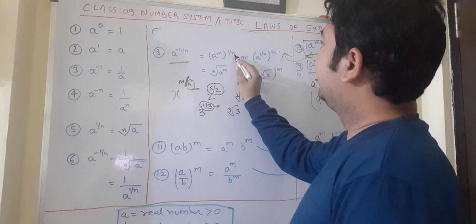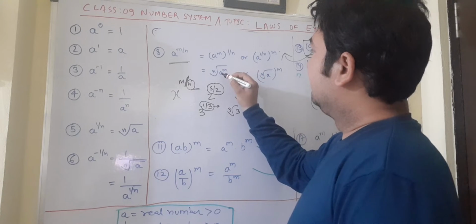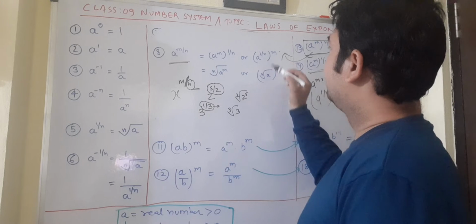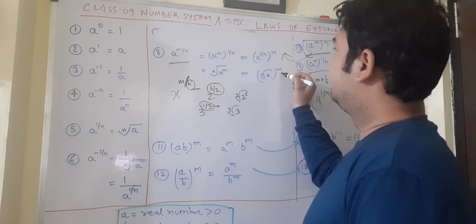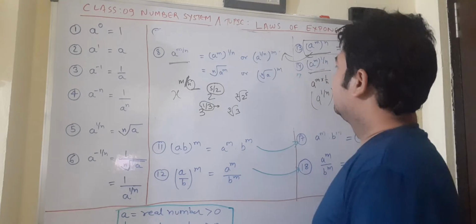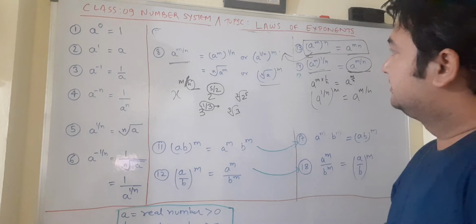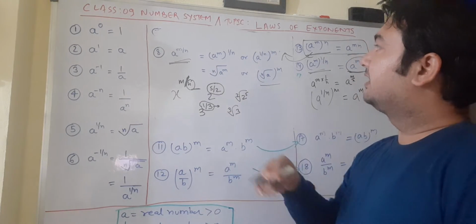So here we have the nth root of this whole a to the power m. So 1 by n means nth root of a to the power m. In this way you find a to the power m by n can be written like this.